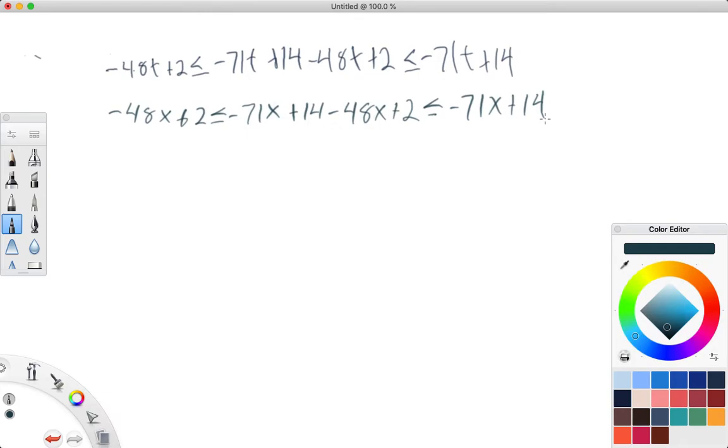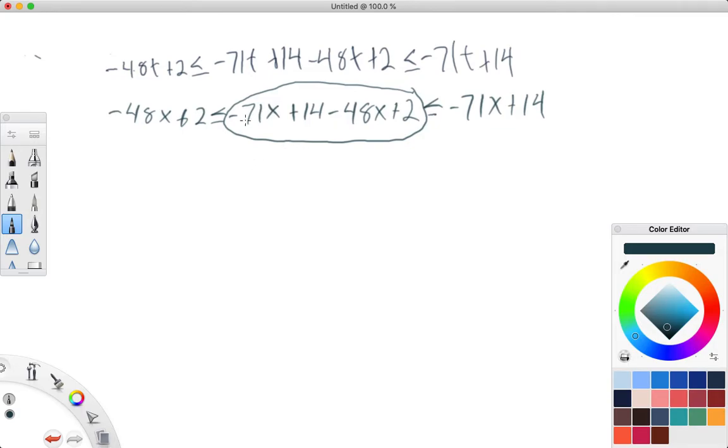Okay, so we want to break this up because we have the two inequalities. We're going to break this up and put it back together at the end because if you try to keep this as one inequality, so if you add 48x and add 48x, it becomes a mess. So we're going to break this up. But the first thing I'm going to do is simplify this middle part and combine like terms so it's not quite so ugly.